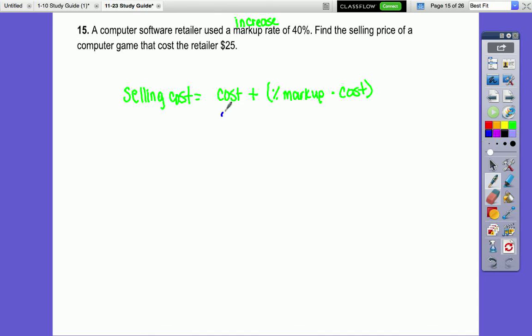And the cost was $25 plus the percent, which is 40% of the cost again, which was $25. So that's 40% of 25, which is $10. You're going to add that back to the original cost. So he will be selling this for $35.